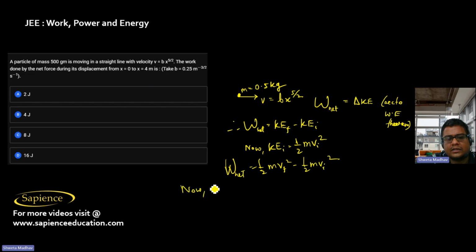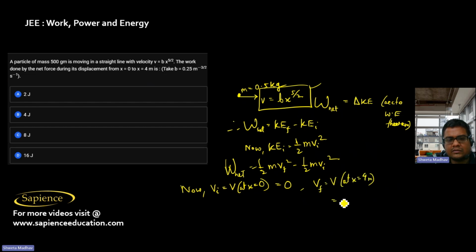Now v initial, the velocity at x equal to 0 meter, will be equal to 0 only, since velocity is given as b x power 5 by 2. Similarly, the final velocity is the velocity at x equal to 4 meters. The value of b has also been told, b equal to 0.25 per meter power 3 by 2 per second.